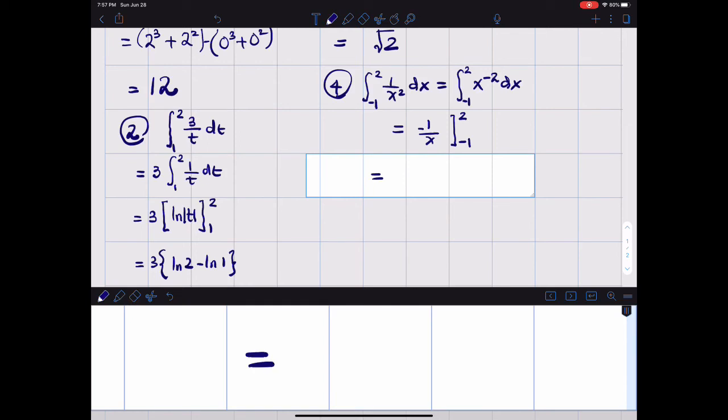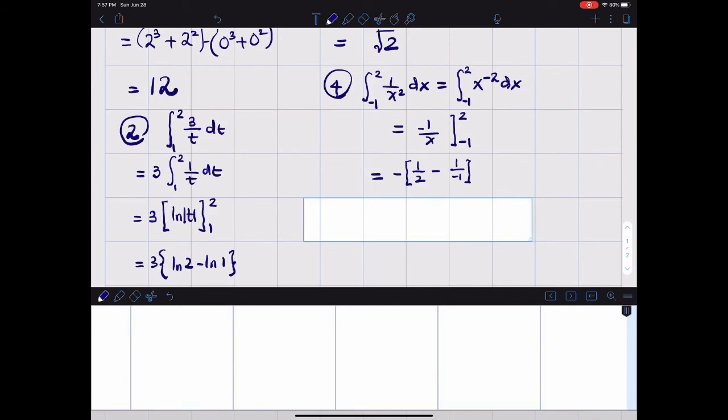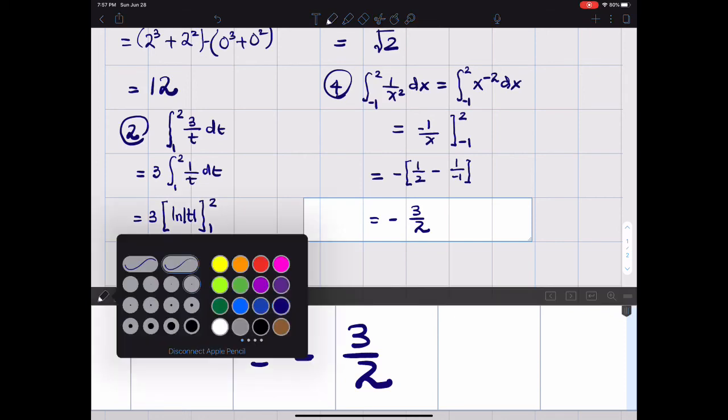I can factor out the negative, then plug in 2, and then plug in negative 1. And I see that this is negative 3 over 2.